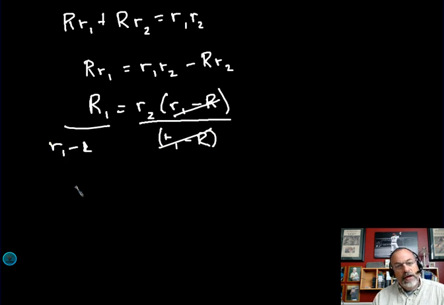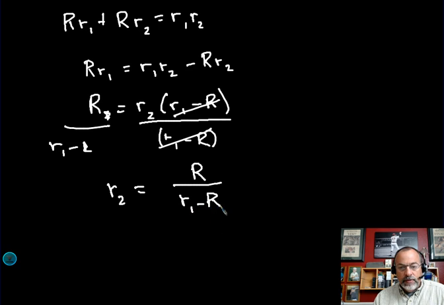Okay, and then I can go ahead and, I did it again, that's not a 1. That's just an R. And then we can do the symmetric property. So R sub 2 is equal to R, capital R, divided by R sub 1 minus capital R. And that would be our final answer.